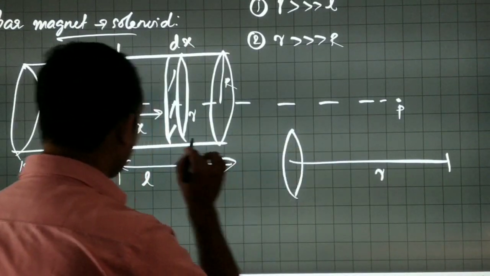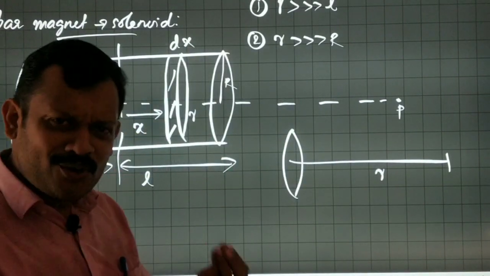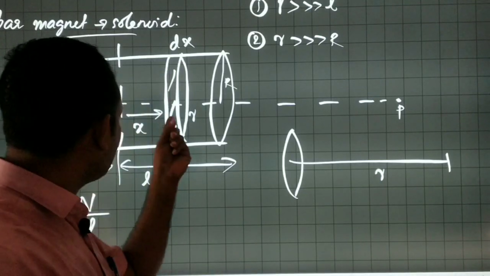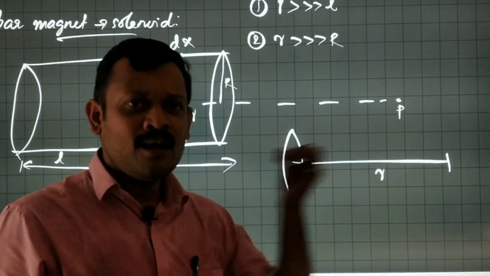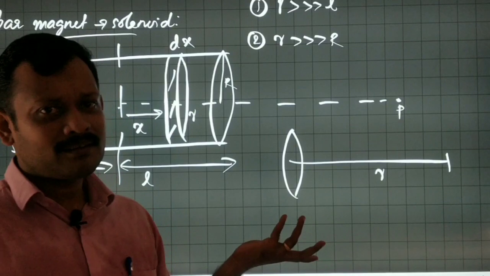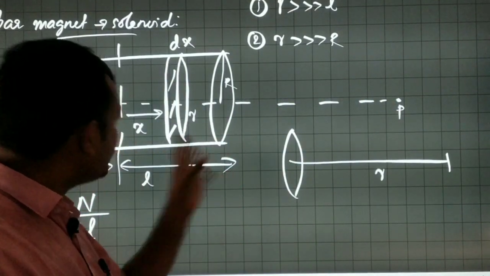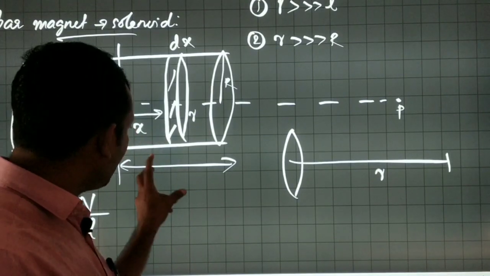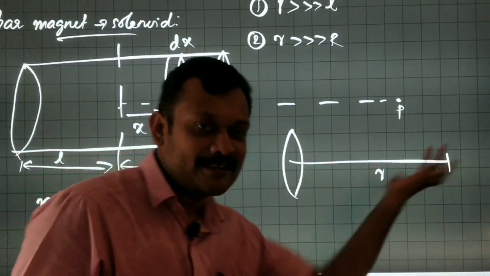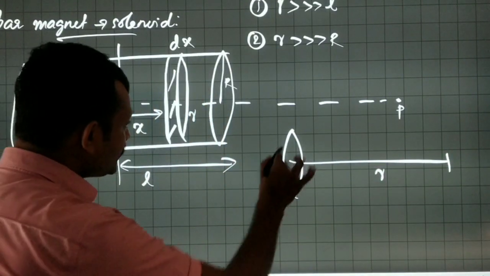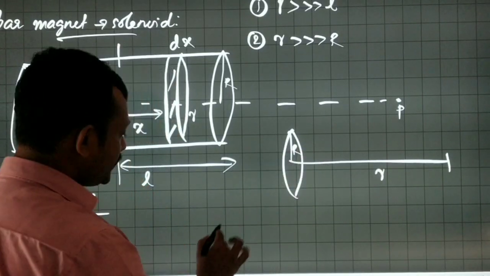Then you will say, sir, it has to be r minus x. Sorry children, I will not take it as r minus x because compared to r, x is very small, because already L is very small. Now x is smaller than L, so I can simply write r itself.